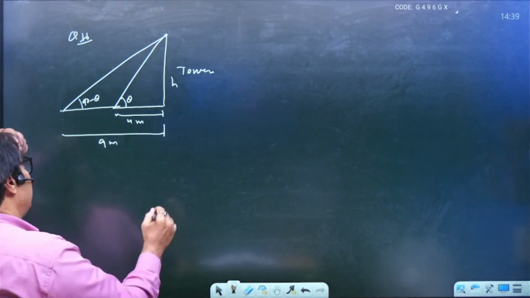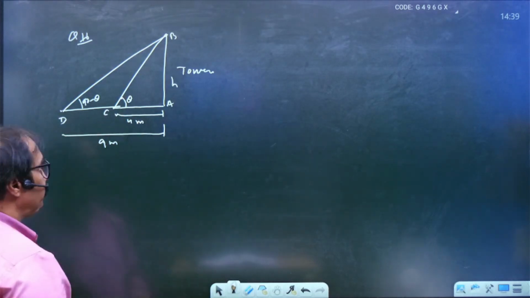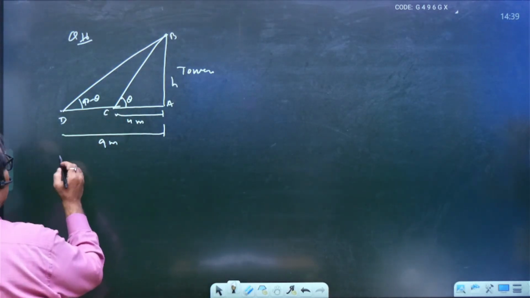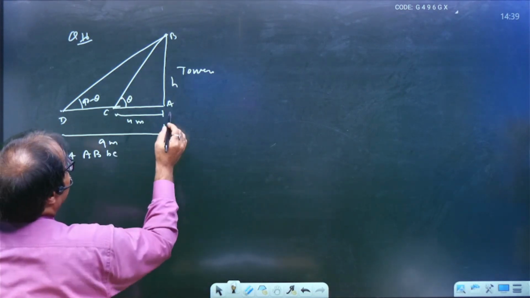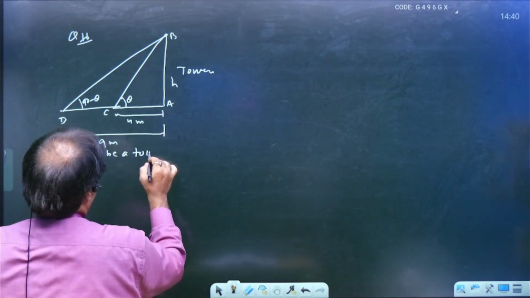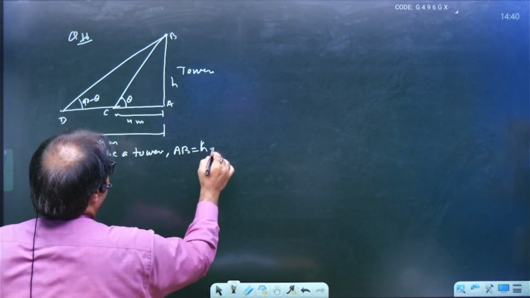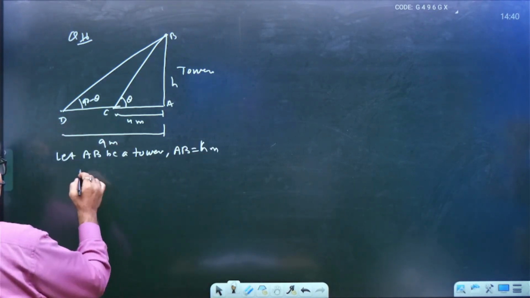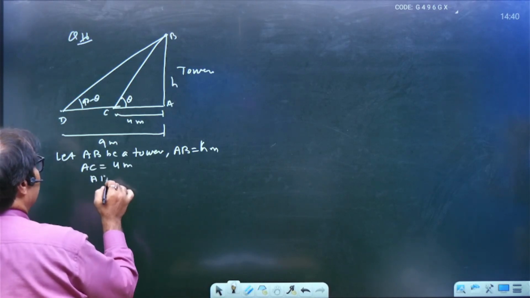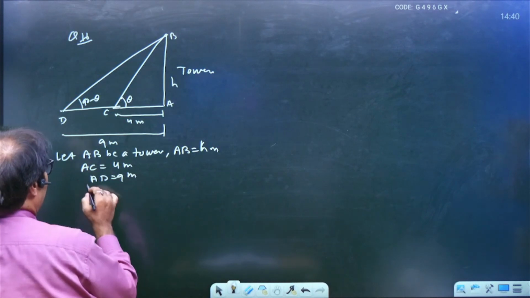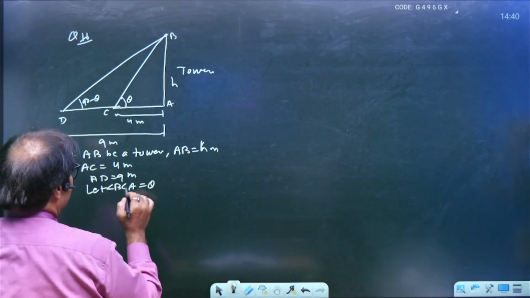Now name it. So this is A, B, C and D. So write the analysis. Let AB be a tower such that AB is equal to h meter and AC is equal to 4 meter and AD is equal to 9 meter, and let angle BCA be equal to theta.